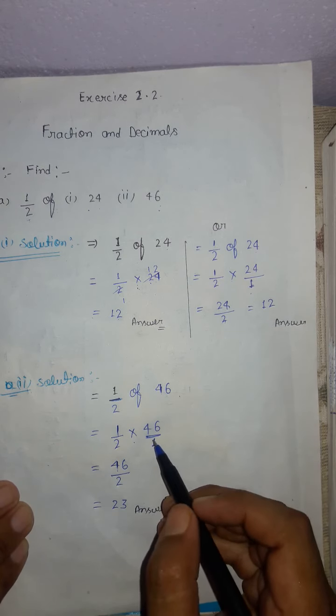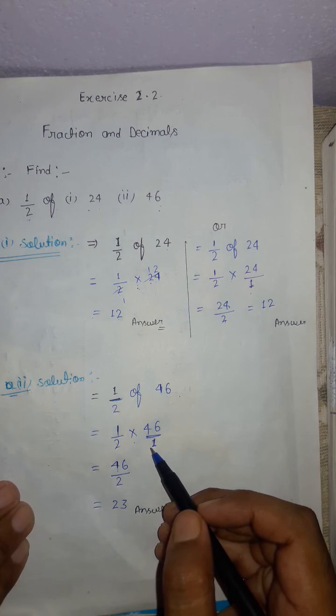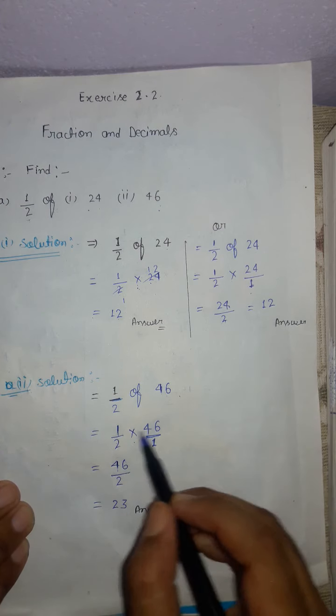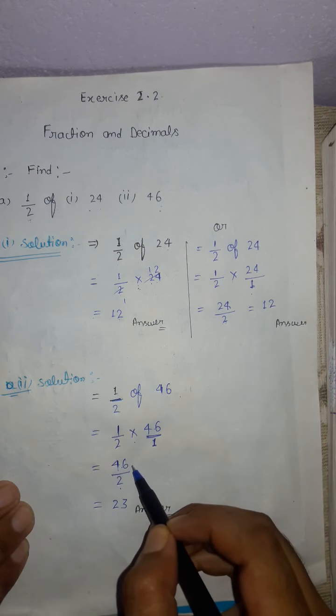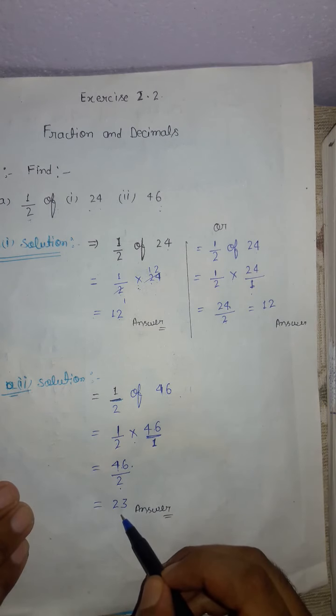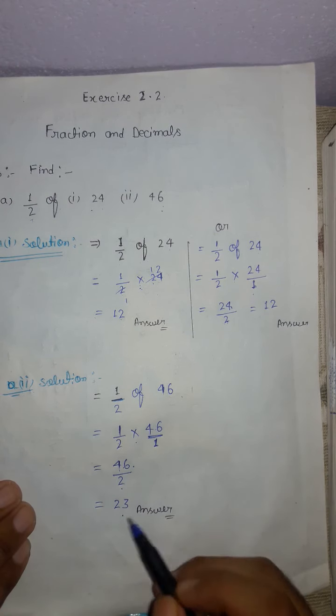Now multiply numerator with numerator and denominator with denominator: 46 ones are 46 and 2 ones are 2. When we divide 46 by 2, we get the answer 23. Like this, you can do all the parts up to D. All of you will do them up to D.